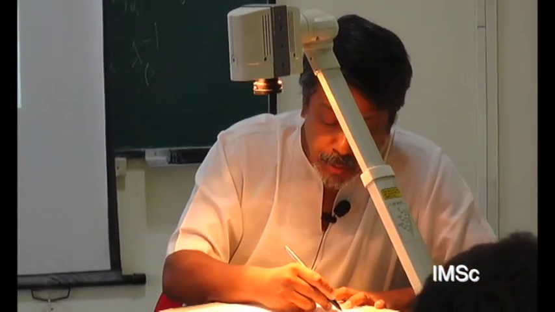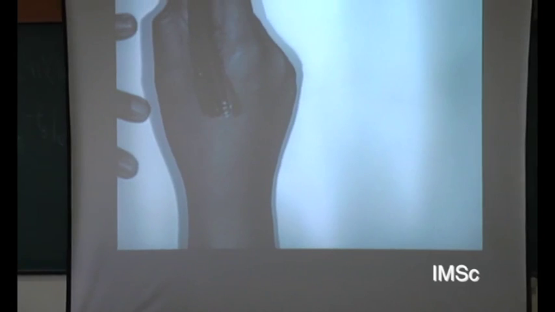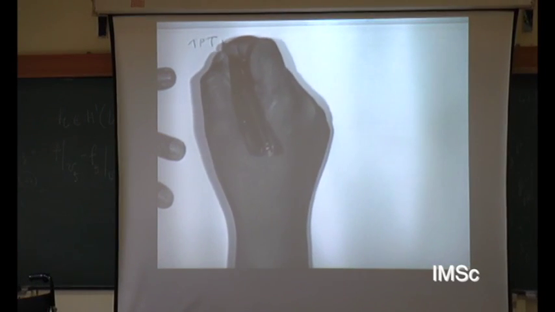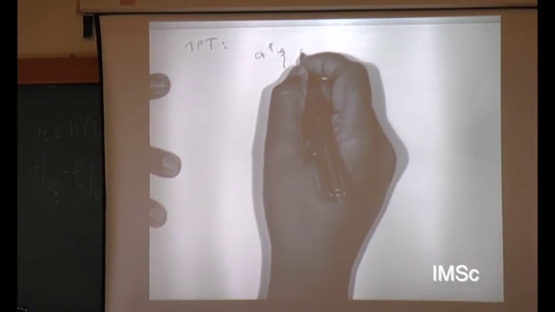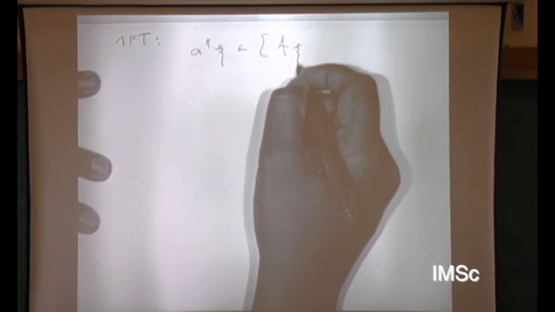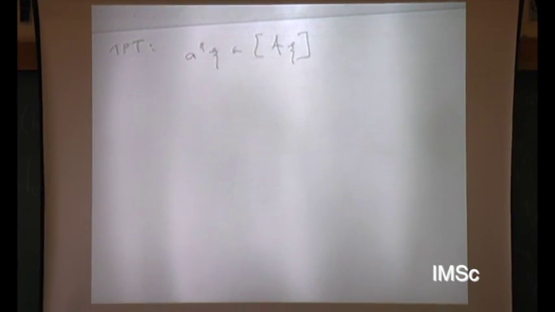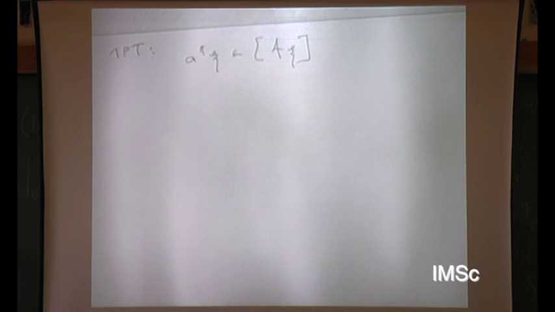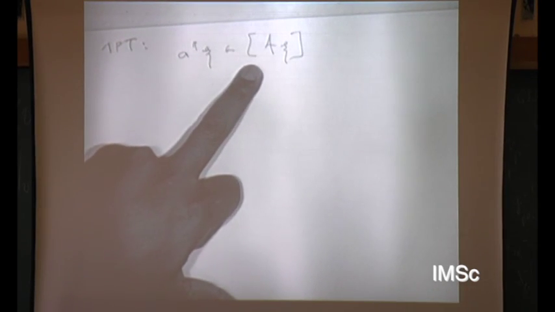So what do you want to show? You want to prove that A double prime psi belongs to what we call 𝒜psi, this collection of operators acting on just this one vector, the singleton set.